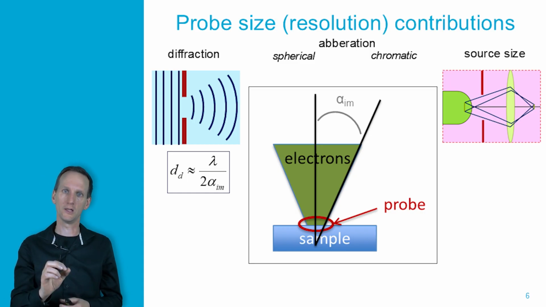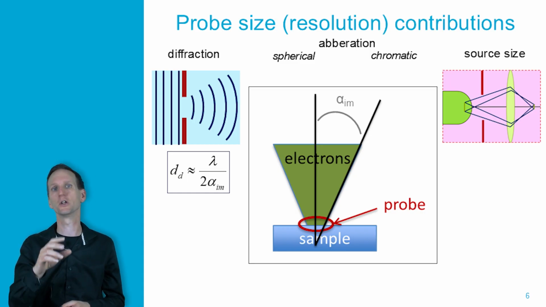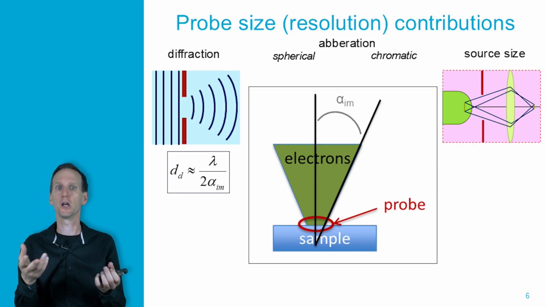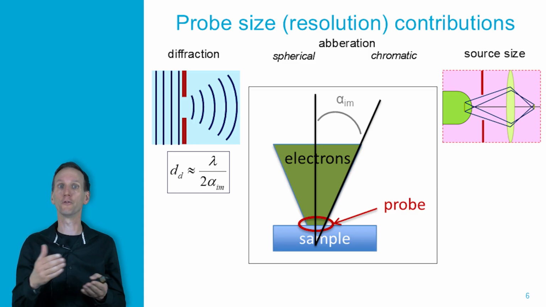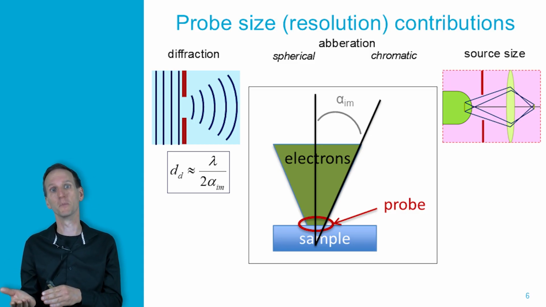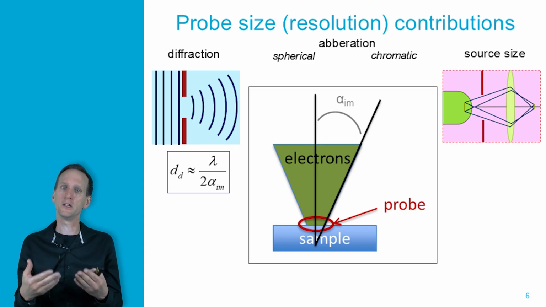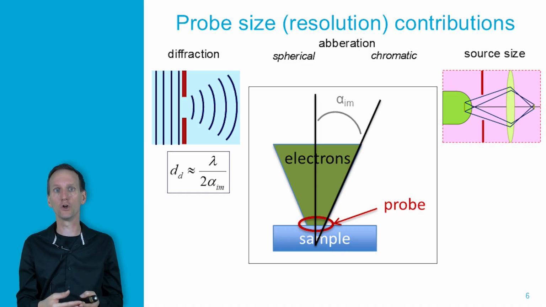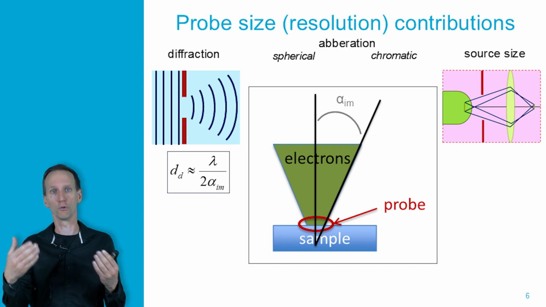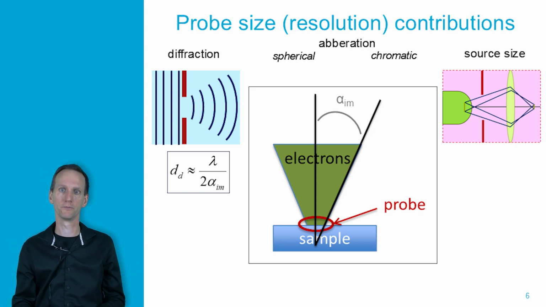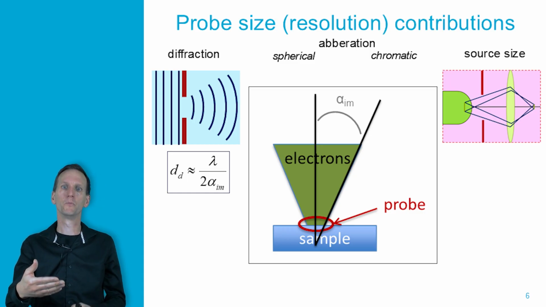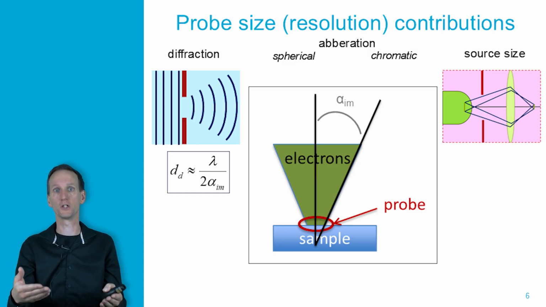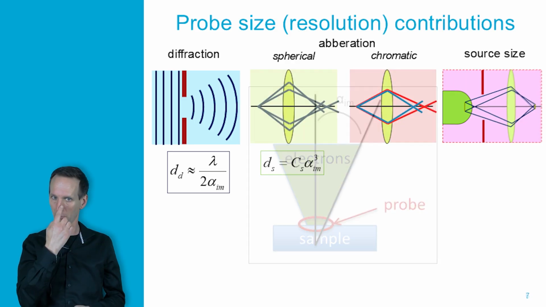Note that here we take into consideration that the beam opening angles in an electron microscope are small, typically on the order of a few milliradians or 10 milliradians. And in this case, we can equate the sine of the opening angle to the value of the opening angle itself, where again we have to consider that we calculate in radians. So if we increase the opening angle of the beam, the diffraction contribution to the probe size decreases.